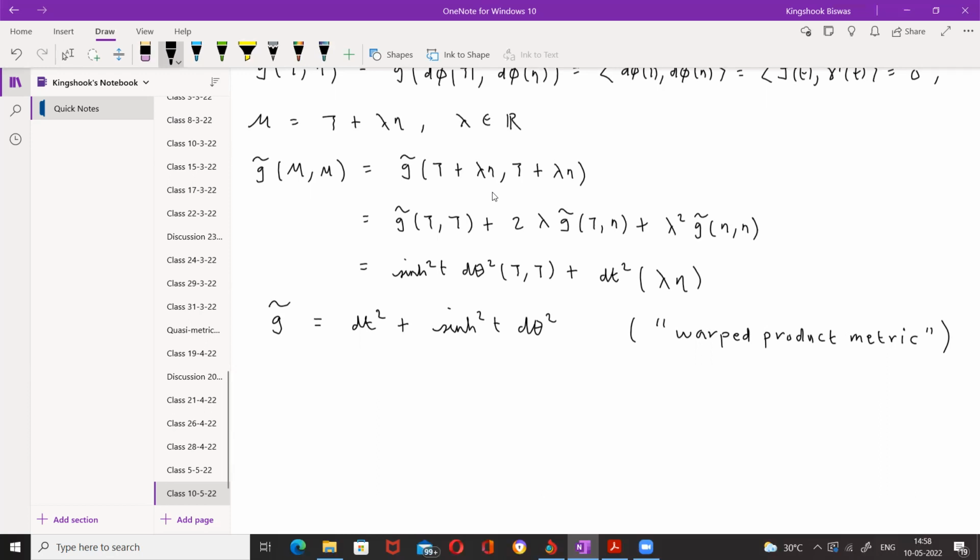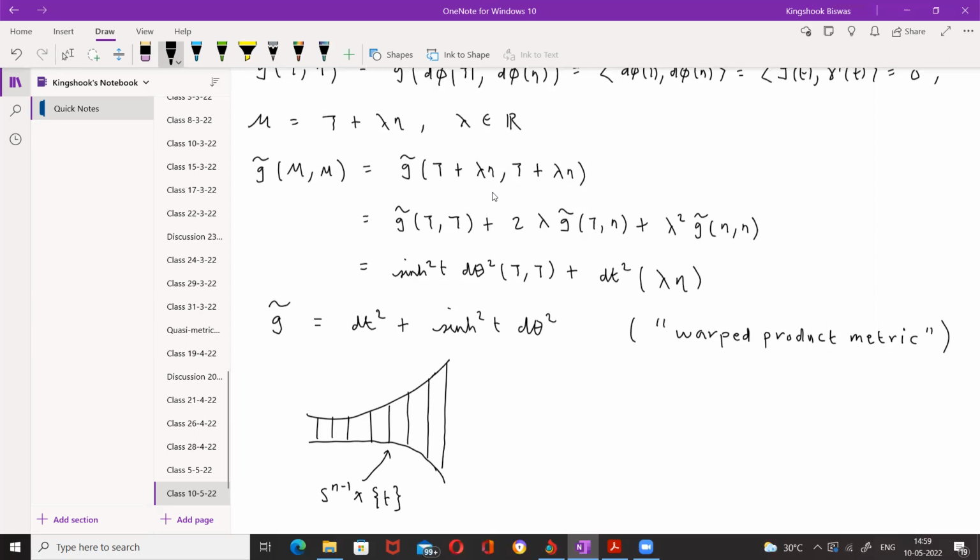So it sort of looks like this: if these are your cross sections, the spheres are getting larger exponentially. Do you understand? Basically, this is equal to S^(n-1) cross the singleton t. That's why it's called a warped product metric. You're warping these fibers.